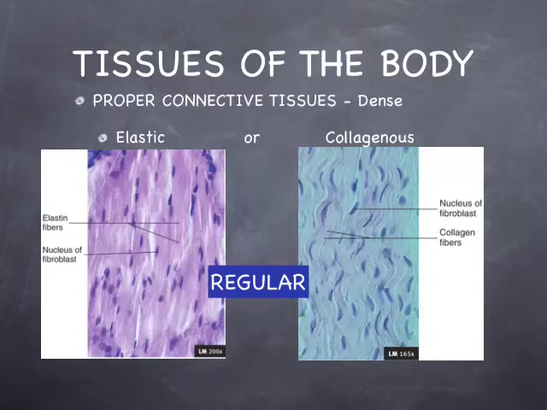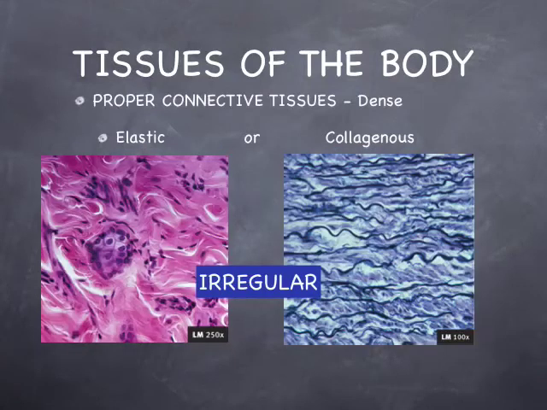Now, just like there are two regular types, there are two irregular types. There's an irregular elastic, and you can see the fibers here are weaving all over the place. And over here, you can see that they're all weaving sort of over here as well. There's irregular collagenous and irregular elastic connective tissue. Now, the regular types, when you see them, are usually formed into cords.